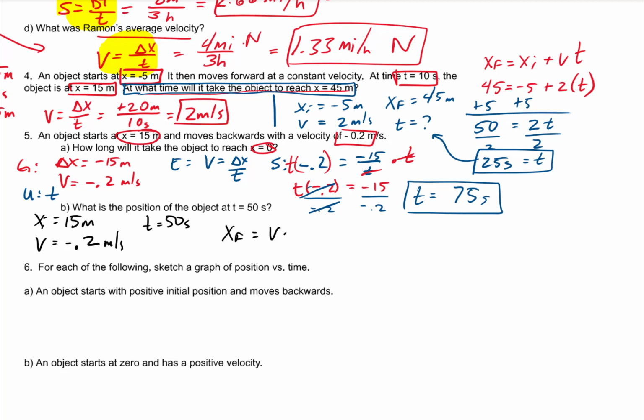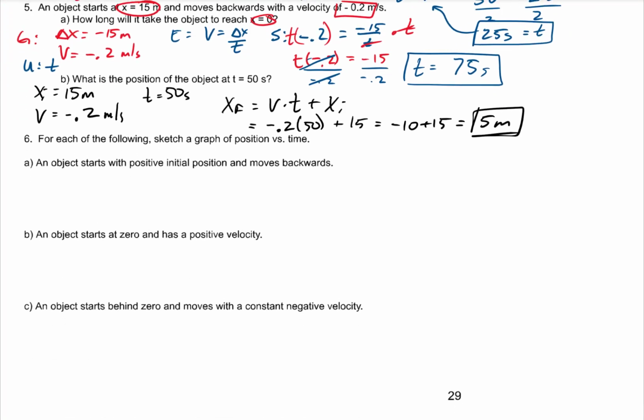X final is velocity times time plus the initial position. So it's going to be -0.2 times 50 plus 15. So -0.2 times 50 is -10. So -10 plus 15 means I'm going to be at 5 meters. You can put all that in your calculator.